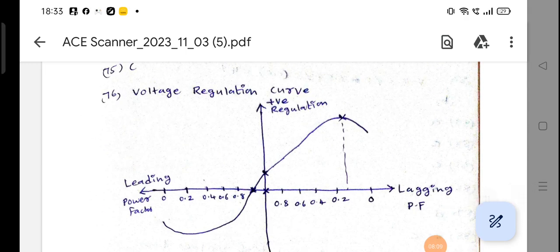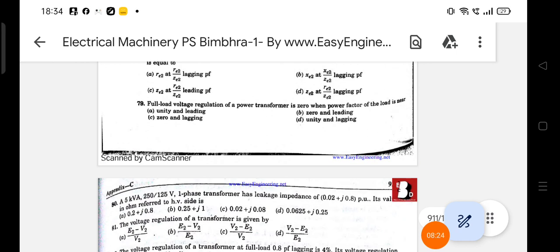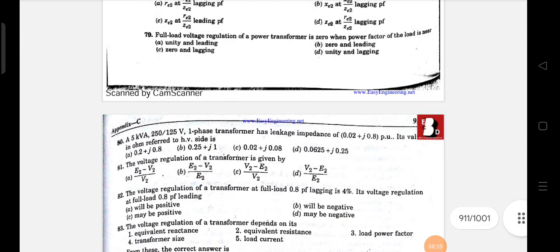Zero will occur in between 0.8 leading and unity power factor, that means near 0.9 approximately leading. So at leading load and unity power factor load, from the given options, it is present in the first one only: unity and leading power factor load. That means the 79th answer will be A.